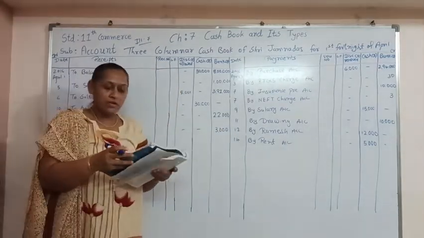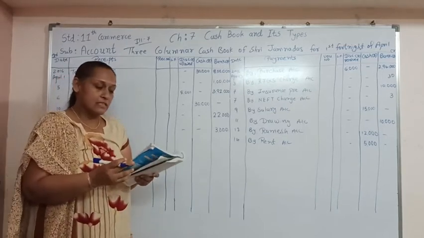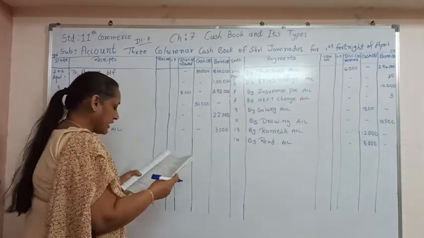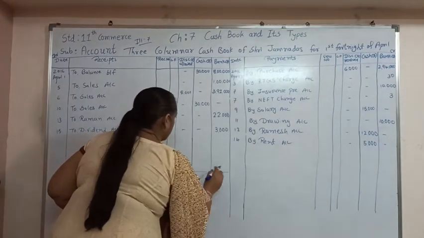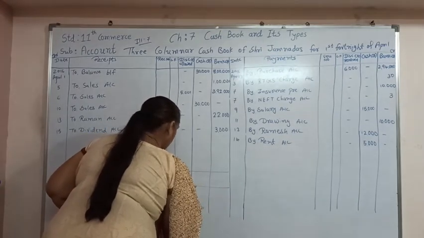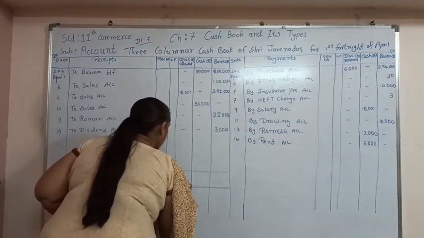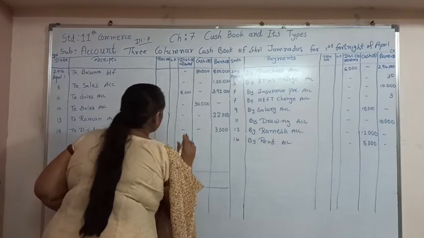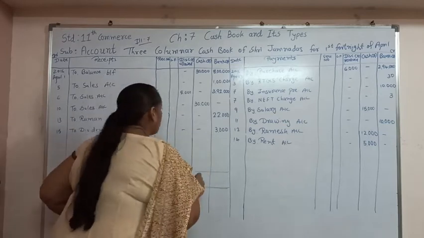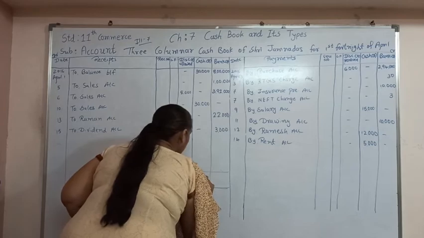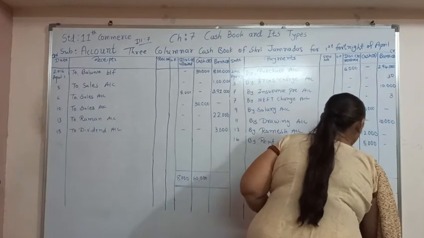So here all our transactions are finished. Now we have to find out the balance of the cash as well as the bank account. For that, let's make the total. As we know, discount allowed we write straight, 8,000. Then for the cash column, the total is 60,000, and we are going to carry that 60,000 forward to the credit side.